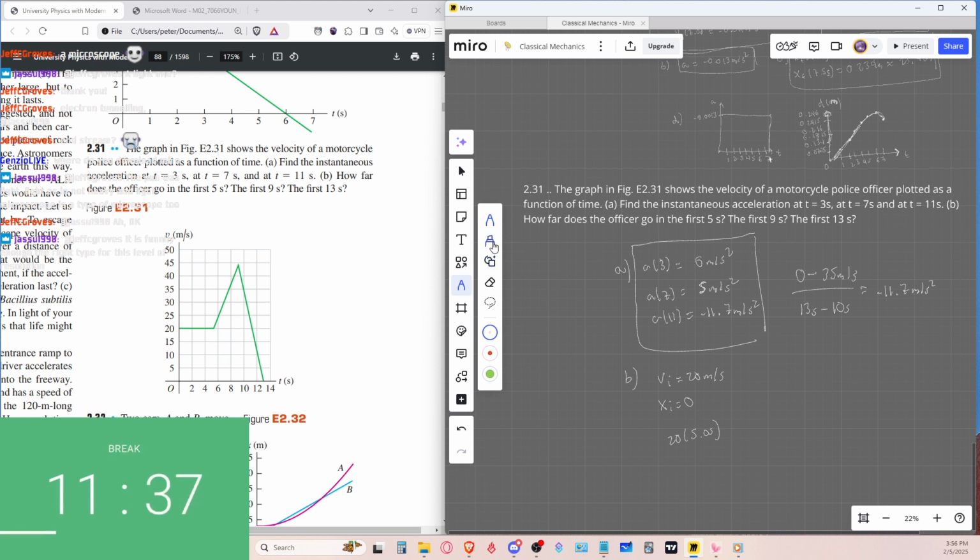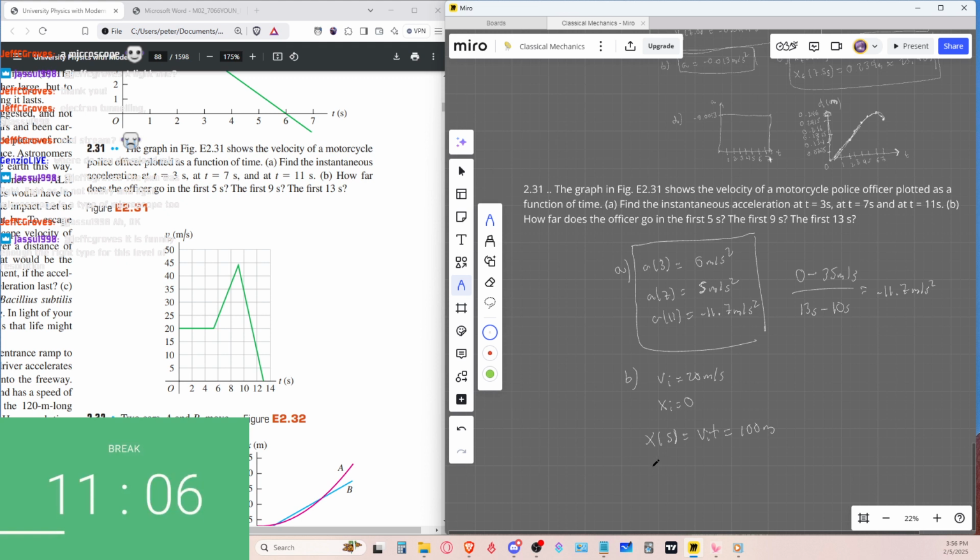Let me just erase that. I don't like the way that looks. So at 5 seconds, it's just going to be the velocity times time because the acceleration is 0. So we have 20 times 5 seconds. That's around 100 meters.